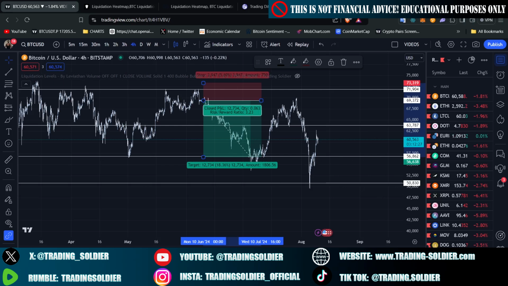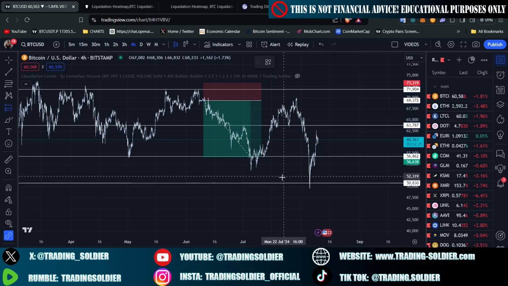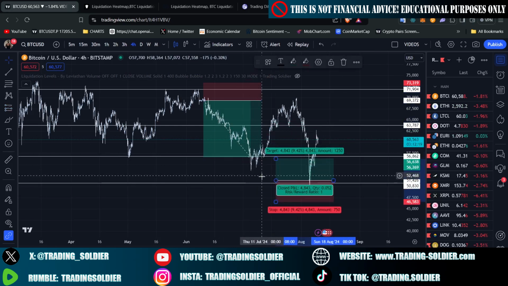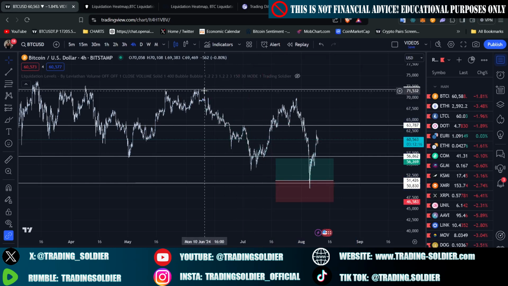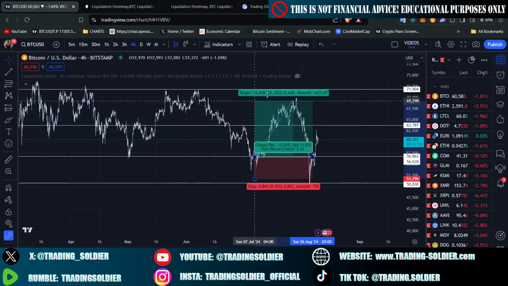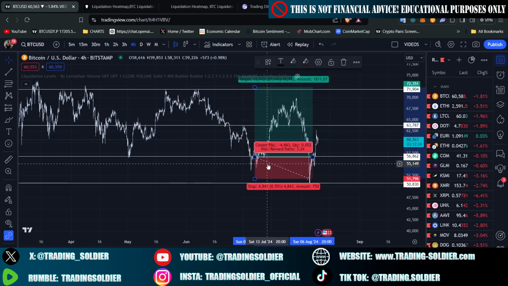And on the opposite side, you have here, for example, the support. Usually what happened here is that we got a swing low. Here the market reversed and made a swing low, traders went long and put their stop loss below the last swing low.